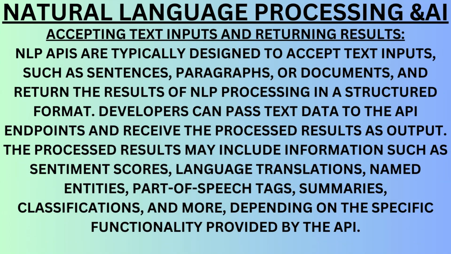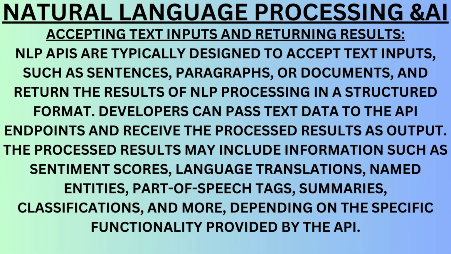Accepting text inputs and returning results. Natural language processing APIs are typically designed to accept text inputs such as sentences, paragraphs, or documents and return the results of natural language processing in a structured format.